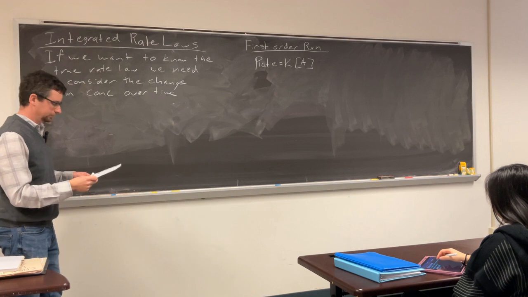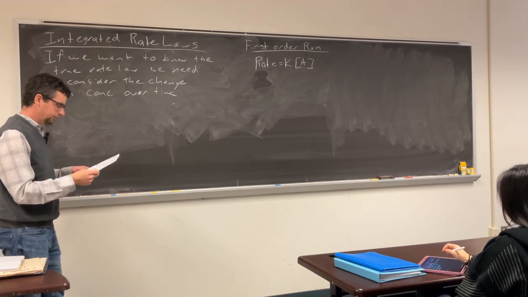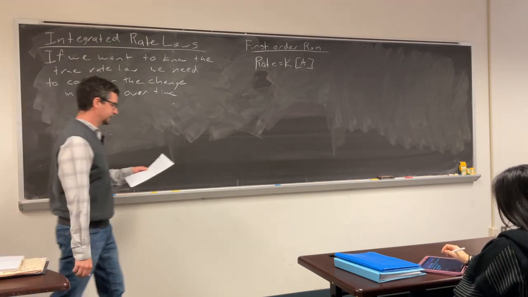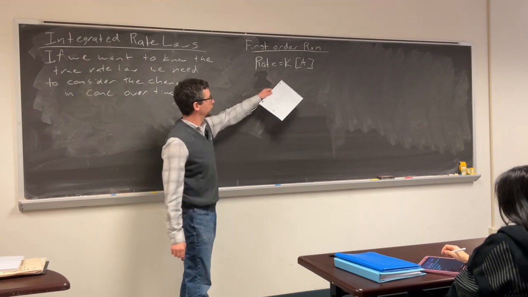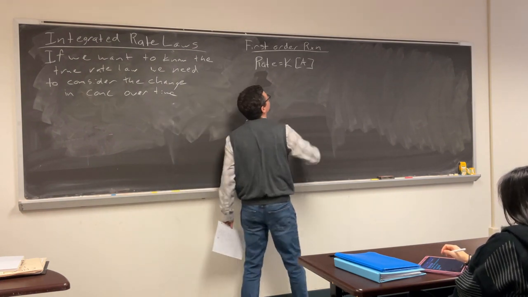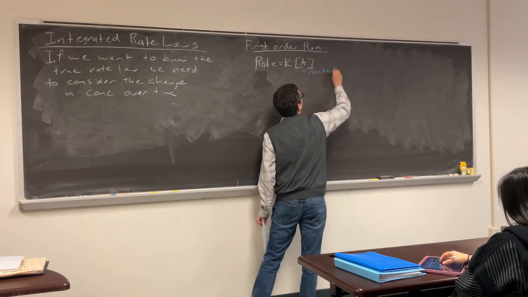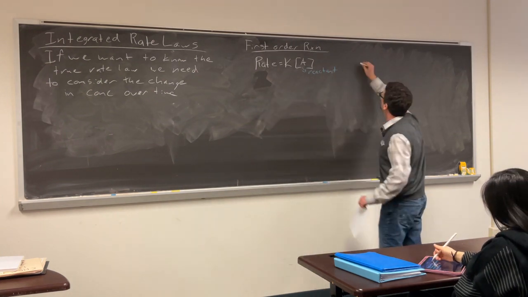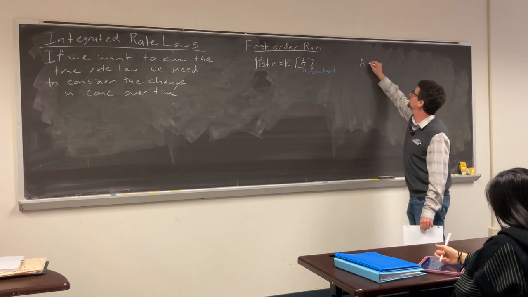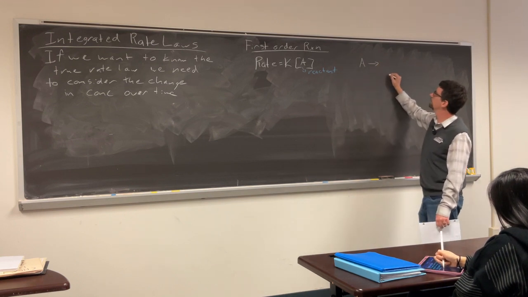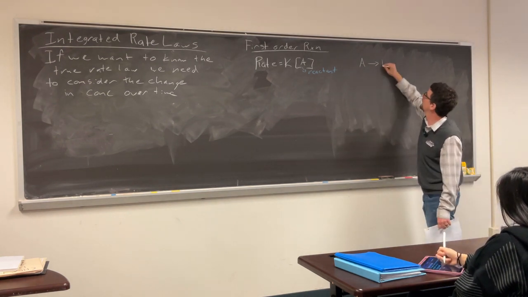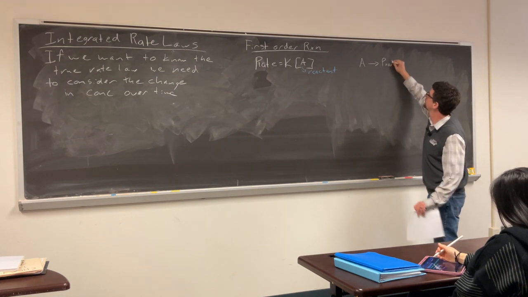We know that's true. Now, what we have to try and do next is we got to frame this. We said this guy's a reactant, right? What we're assuming here is we have some reactant A that goes to some product.